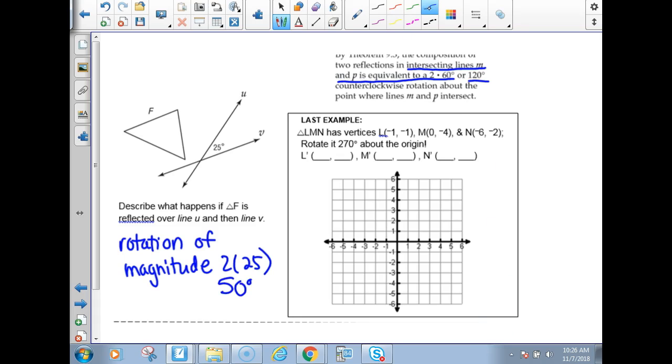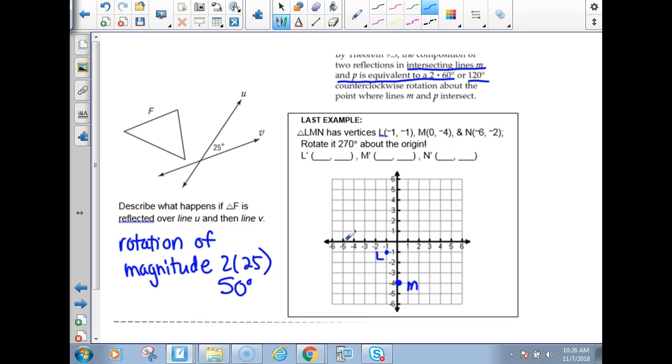This last example here has nothing to do with that really. It's just asking us to do a rotation of a triangle LMN with vertices L -1, -1. So we're going to plot -1, -1. Plot it in the right place. Label it L. M 0, -4. That's on the y-axis. Careful plotting.